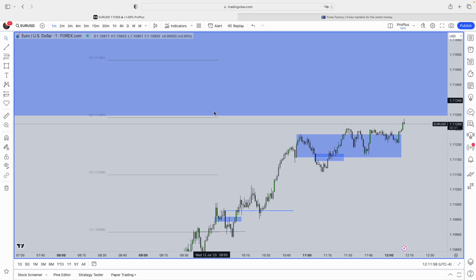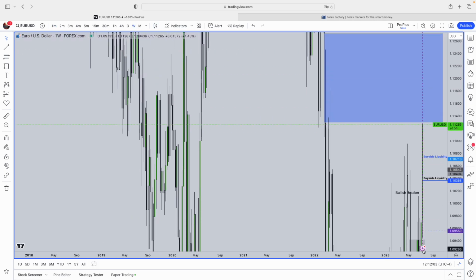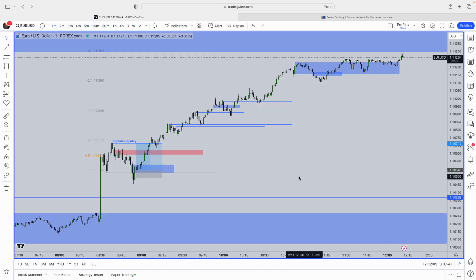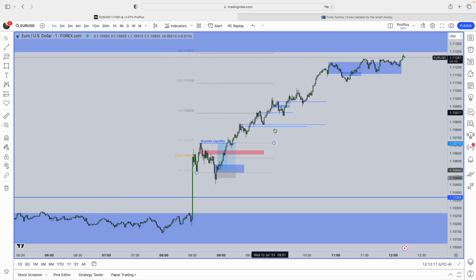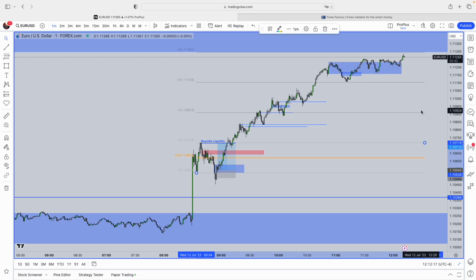The third matches literally with the high of the weekly imbalance. If we look at the weekly imbalance quickly, that volume imbalance matches up nicely with the 3rd deviation. It just lines up perfectly.